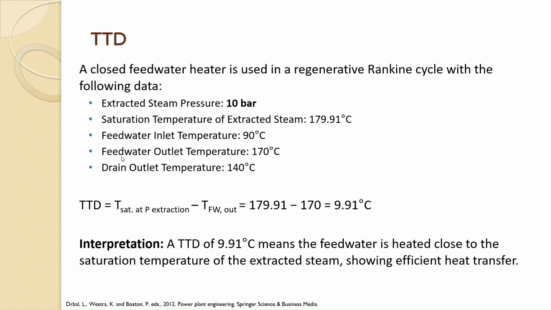At 10 bar, the saturation temperature is 179.91 degrees C. And let's say that the feed water inlet is 90 degrees C and the outlet temperature is 170 degrees C. This means that the TTD, which is the difference between the saturation temperature here at 10 bar and the output temperature of the feed water heater, 170 degrees C, is equal to 9.91 degrees C. A TTD of 9.91 degrees C means the feed water is heated close to the saturation temperature of the extracted steam, showing efficient heat transfer.